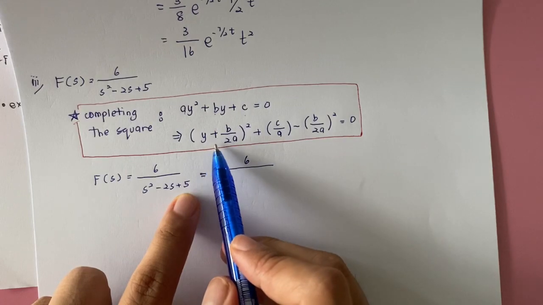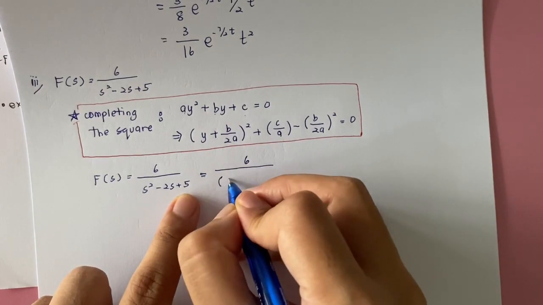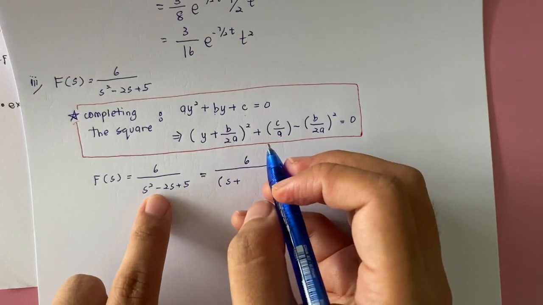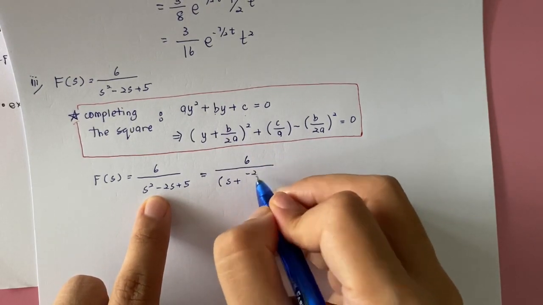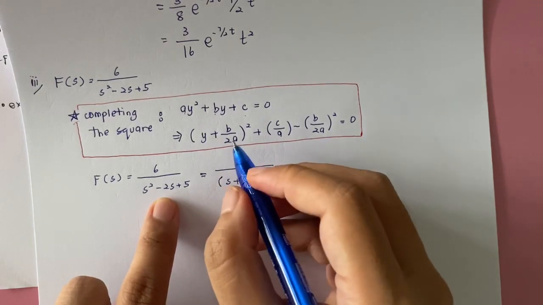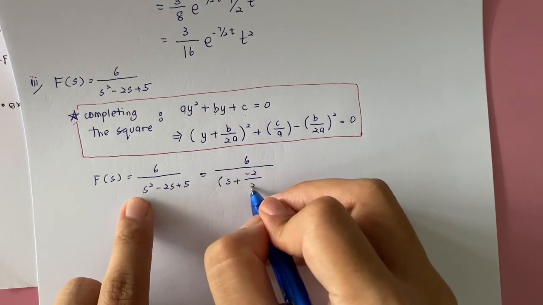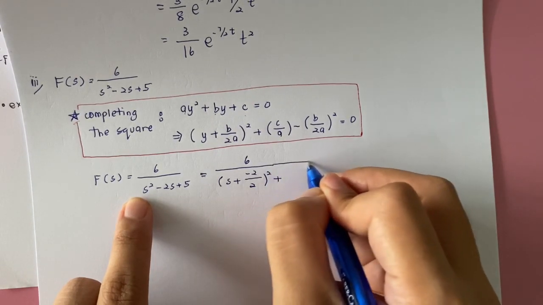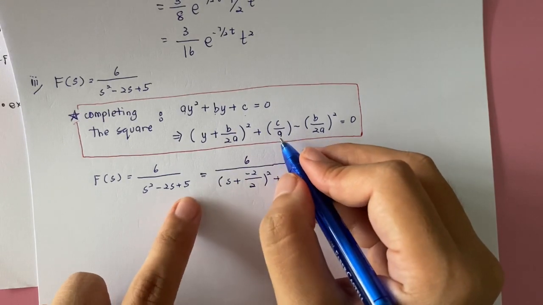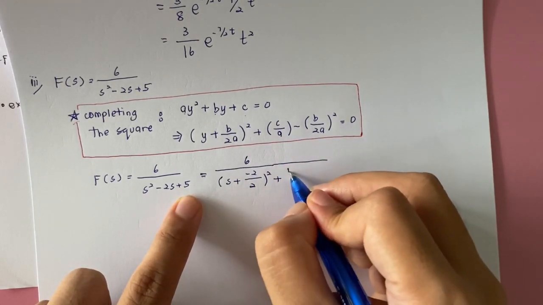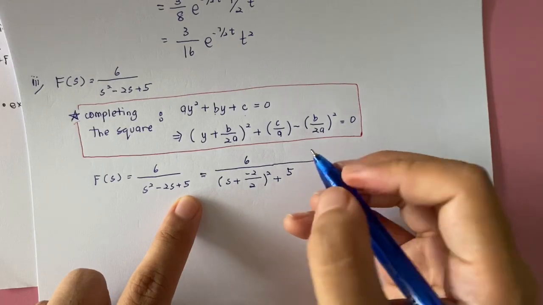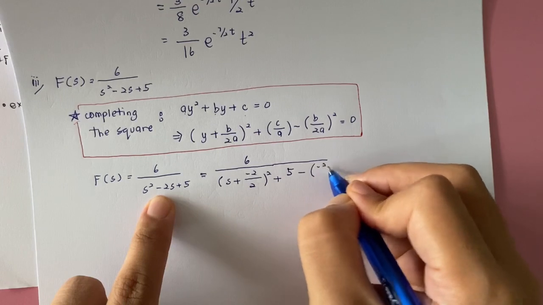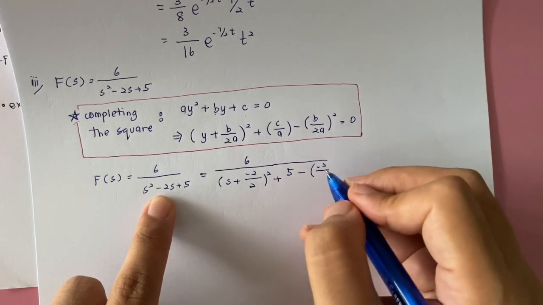So substitute here, you have s plus b, your b is minus 2, divided by 2a, 2 multiplied by a is 1, so you have 2, square, plus c over a, 5 over 1, which is 5, minus b, minus 2 over 2a.